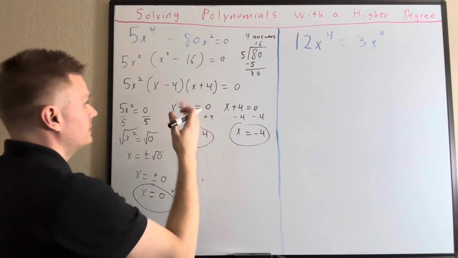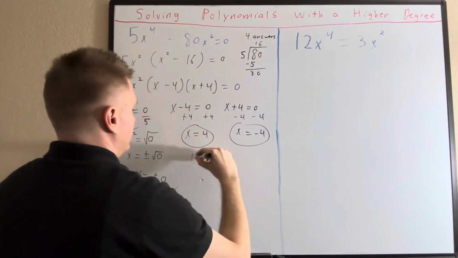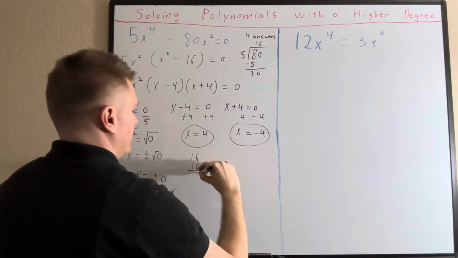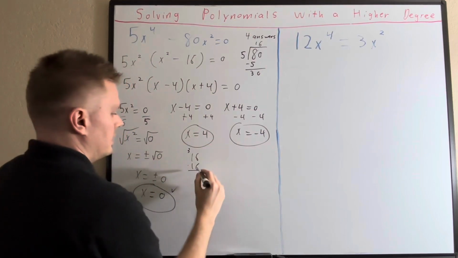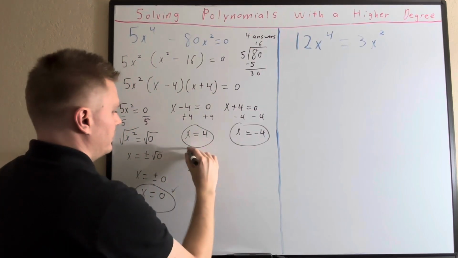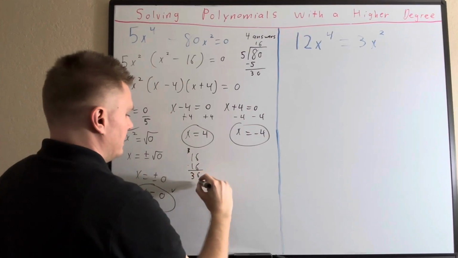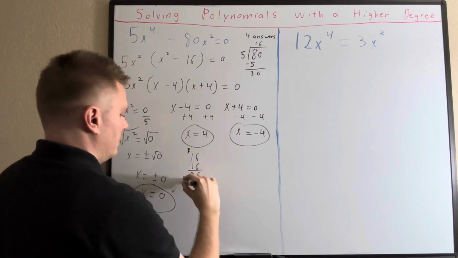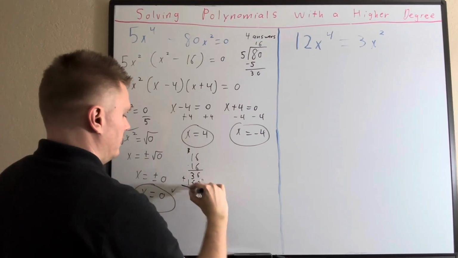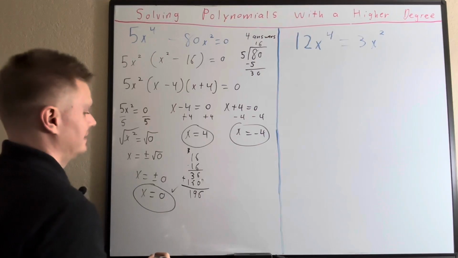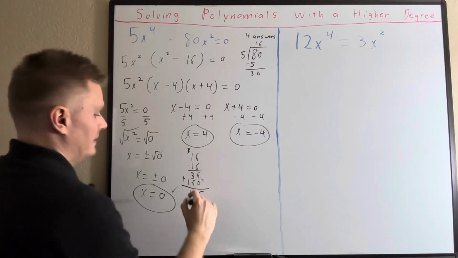Because 4 squared is 16. So let's do this. 256. Add those together, you get 1,280. Sounds about right. Times 5.